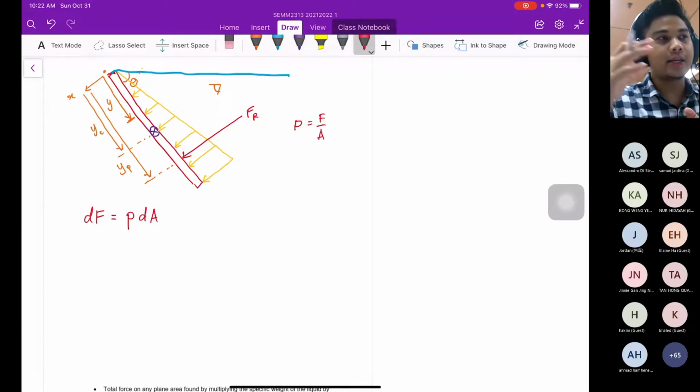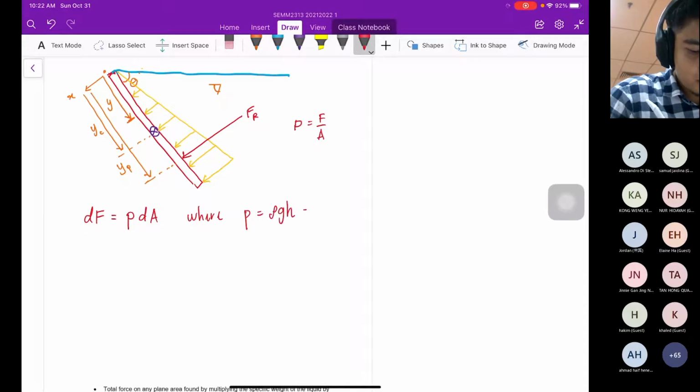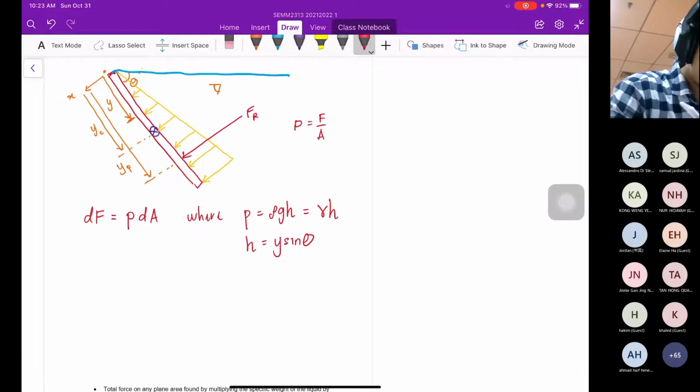Increasing the area will increase the force. Where pressure equal to rho GH, or rho G is simply gamma H. And from here I want to change H in terms of y sine theta. So where is the H?